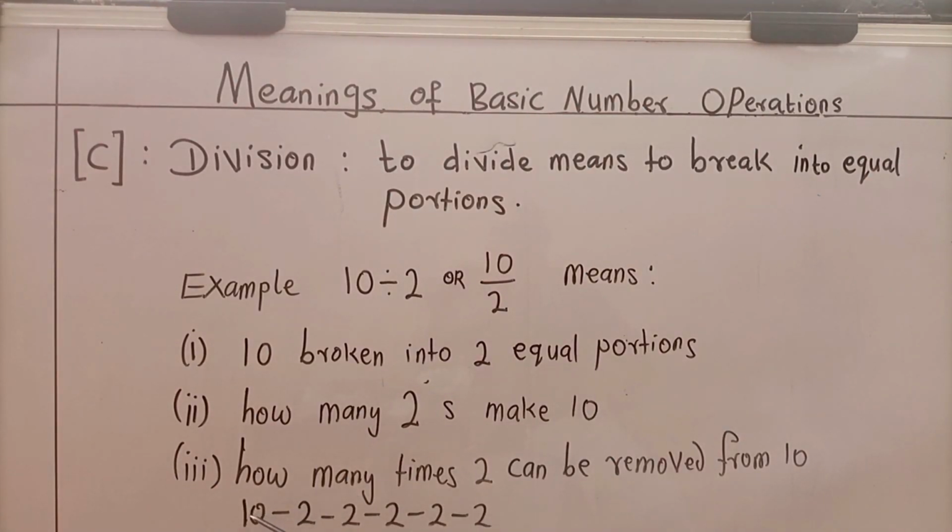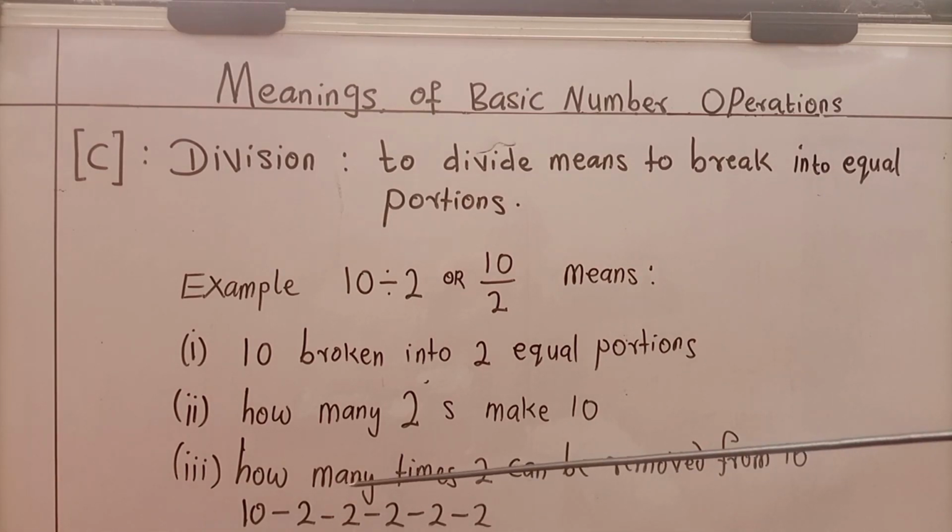When this 10 is written, we say minus 2. What remains there? 8. Minus 2. What remains there? 6. Minus 2. What remains there? 4. Minus 2. What remains there? 2. Minus 2. And what remains? 0.